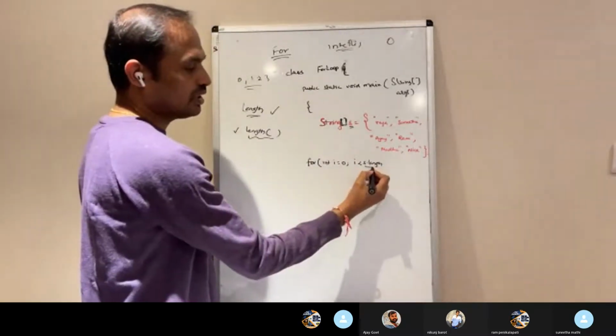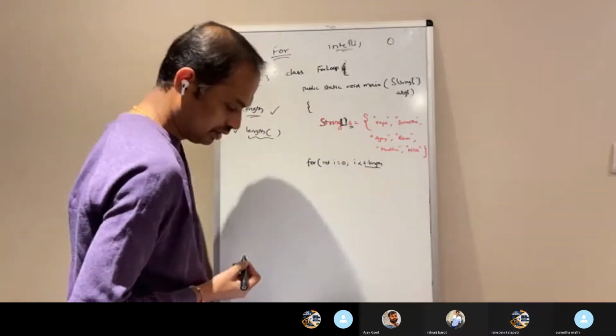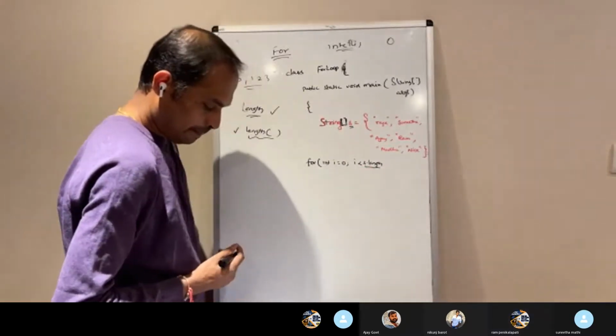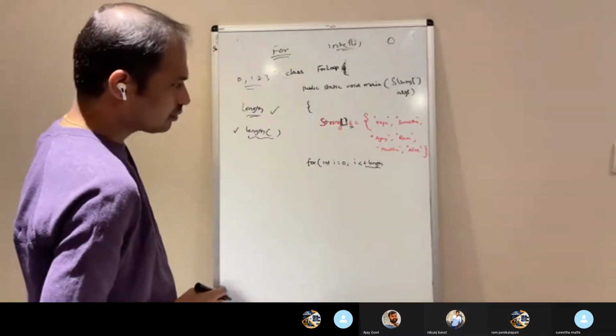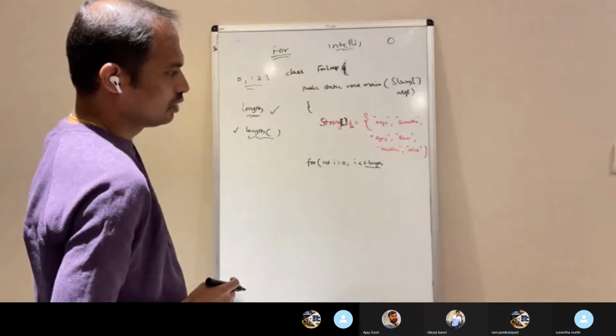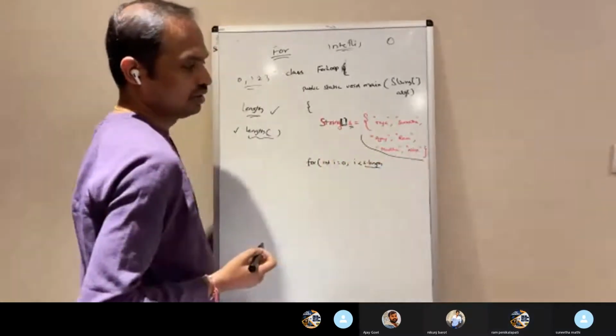What am I going to get with s dot length? The array length will be coming, right? How many words?